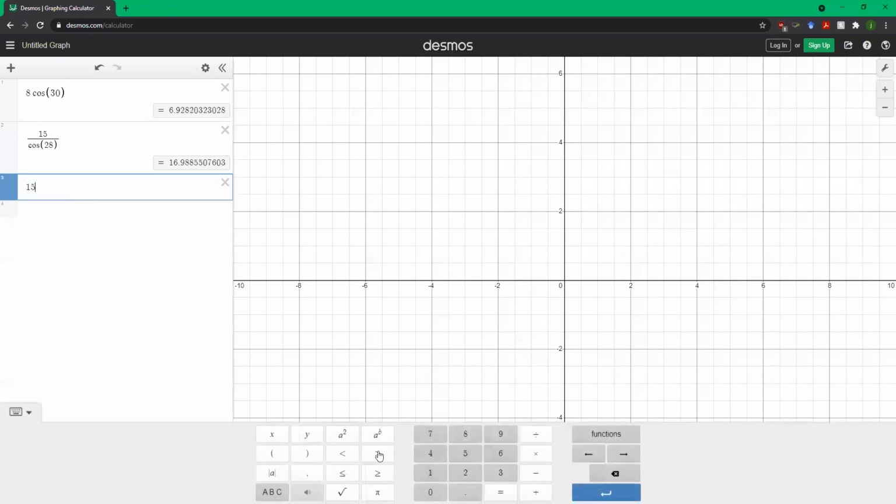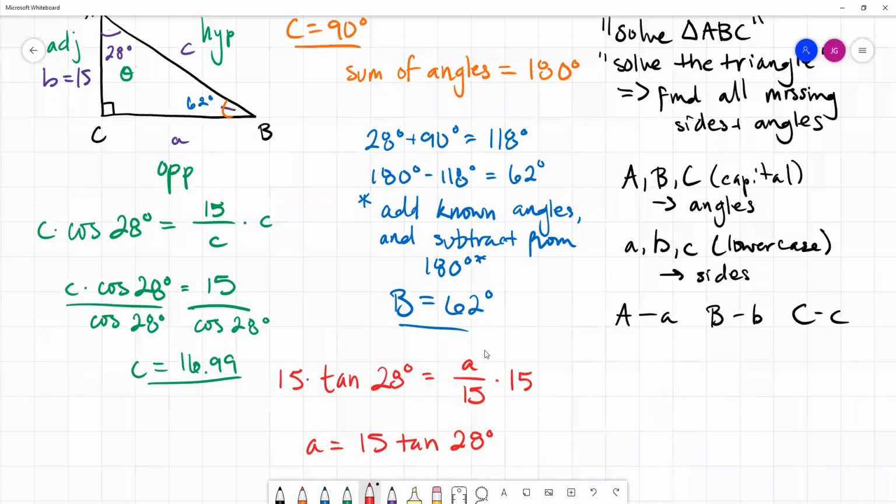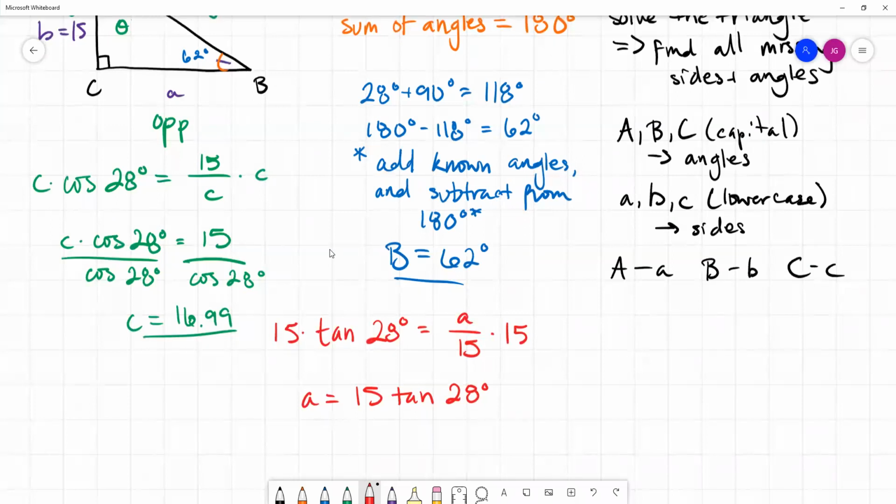So 15 times, I'm just going to go ahead and grab the tangent function, 28. Here's my answer, 7.98. So A is 7.98. So we found all four answers.